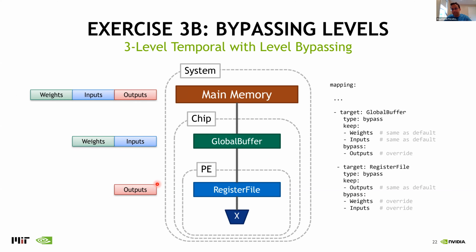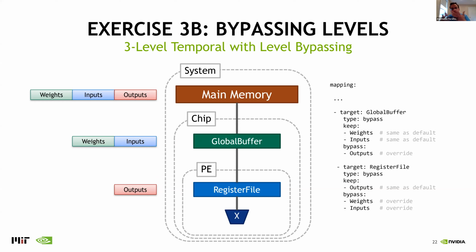Okay, and the rationale for doing something like that is if you don't store outputs in the global buffer, that opens up the global buffer's capacity for more weights and inputs. That means you can have a larger weight and input tile. Right? You only store outputs at the register file, but not weights and inputs. That means you can have a larger output tile. And that may be more optimal, right? Because sometimes you don't get reuse for all of the tensors all the time.